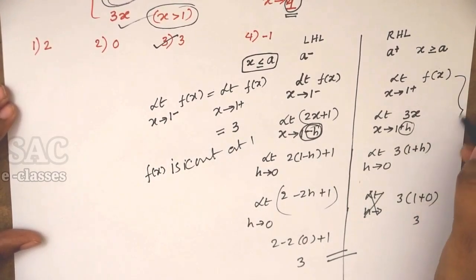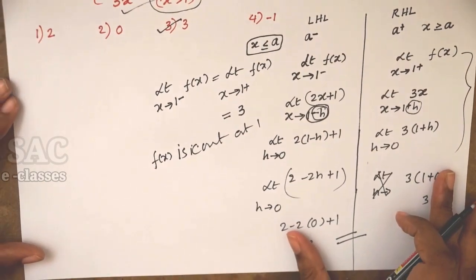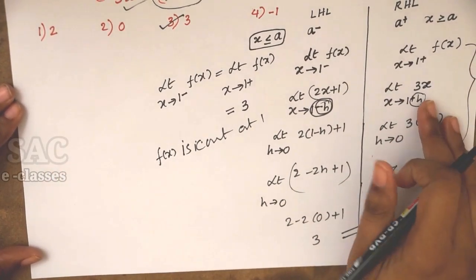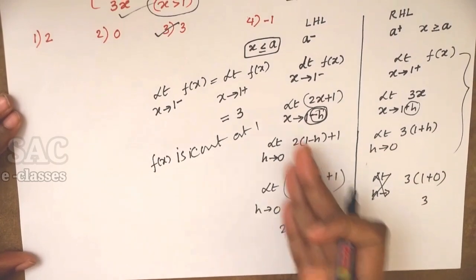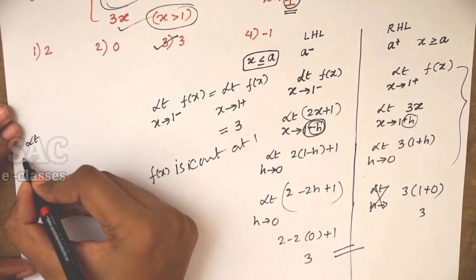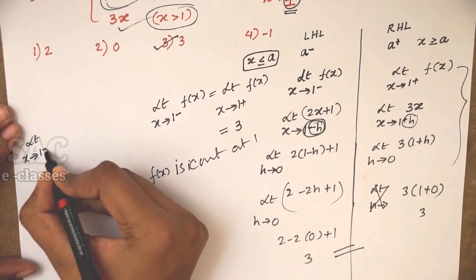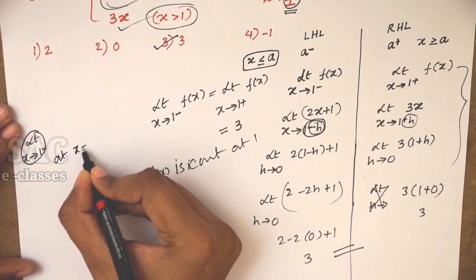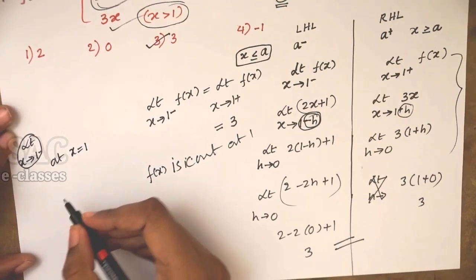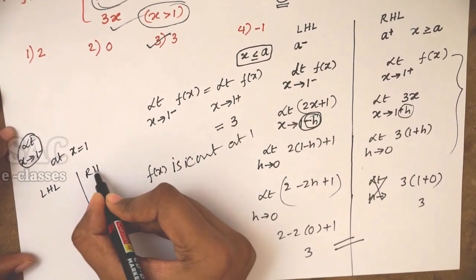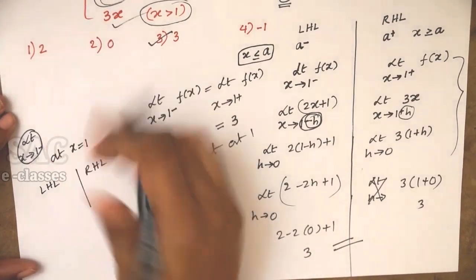But it is a very lengthy procedure. In the MCET examination, if we take h and everything, it takes much time. So what will we write? Without writing this, at x equal to 1 you will identify what the LHL and the RHL are.